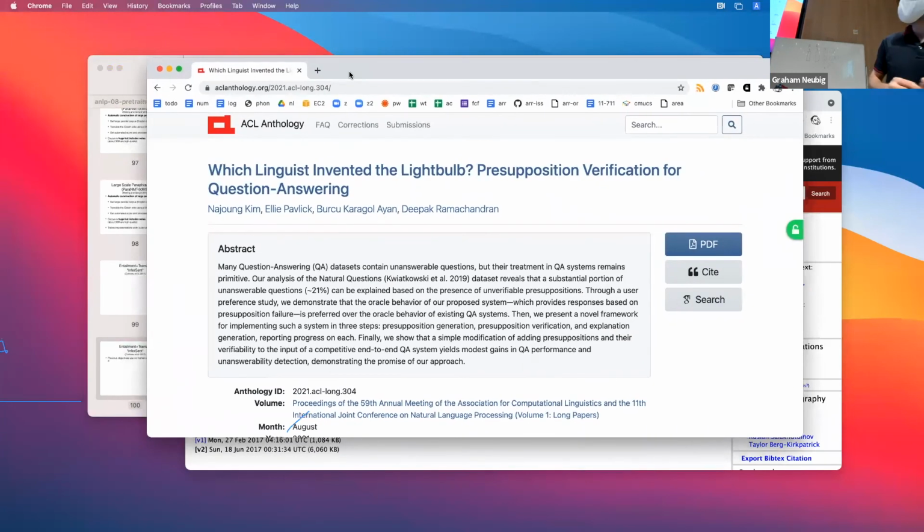Which linguist invented the light bulb, presupposition verification for question answering?